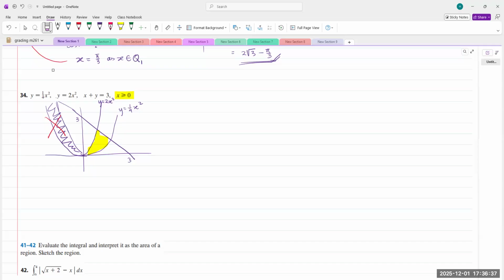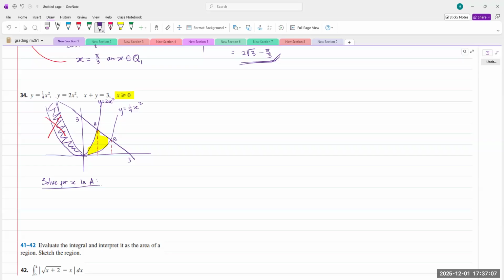But it means we have to break it up into two regions. We need to see where they intersect. Call this point A and call this point B. So solve for A. I just need the x component.